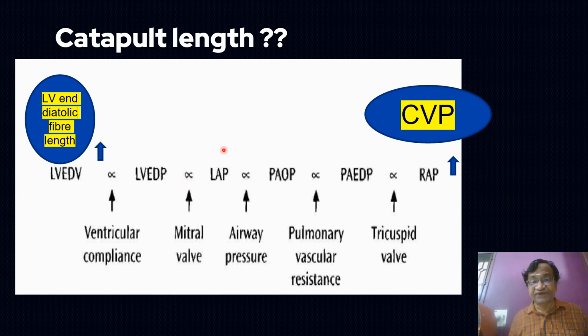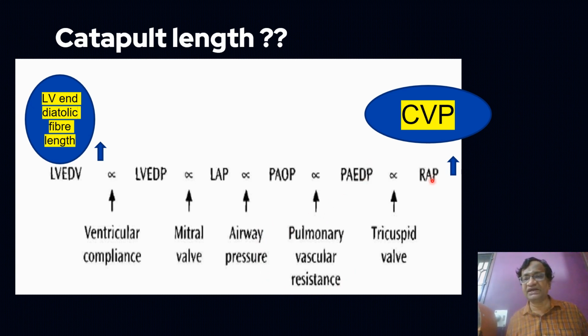The LAP is proportional to pulmonary arterial pressure only if the airway resistance is normal. The pulmonary artery occlusion pressure is proportional to PAEDP only if the pulmonary vascular resistance is normal.